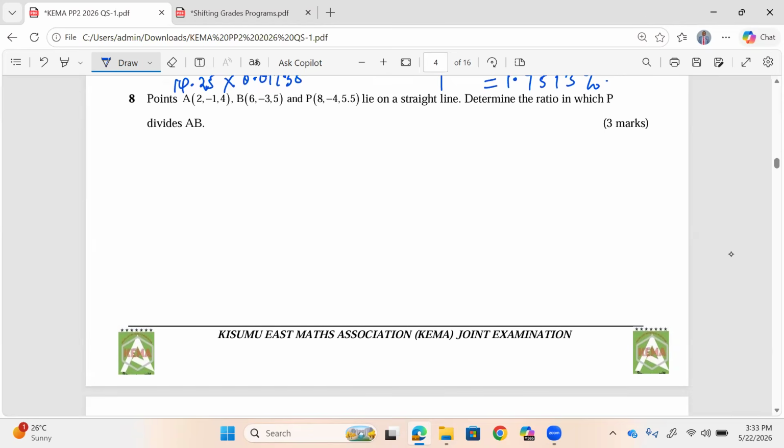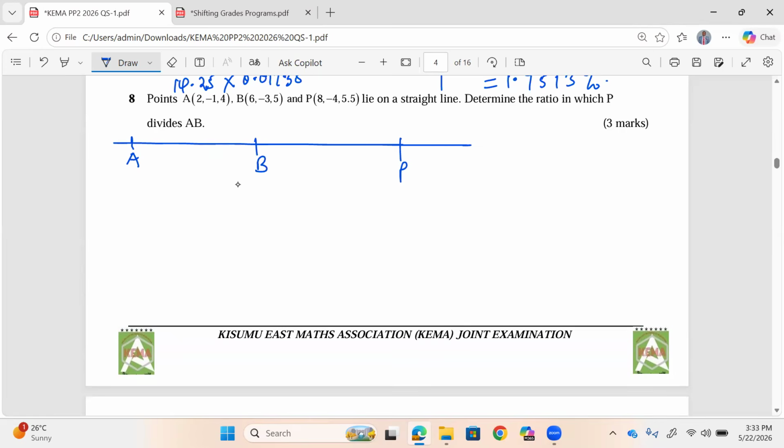So you will allow me kindly to first sketch the information. Let me just sketch AB. So A is here with its coordinates, B is somewhere with its coordinates, and P is somewhere with its coordinates, meaning that P is an external divider.